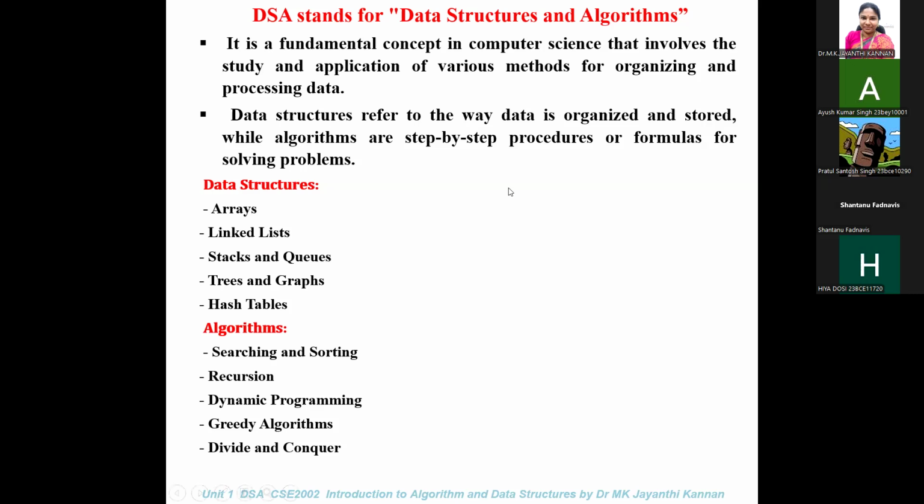So then what does DSA mean? Data structures along with the algorithms. DSA stands for data structures and algorithms. It is a fundamental concept in computer science that involves the study and application of various methods for organizing and processing data. Whatever data we have, we apply it to a particular algorithm.